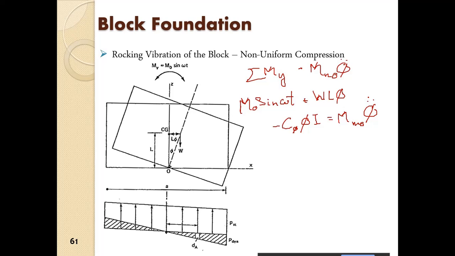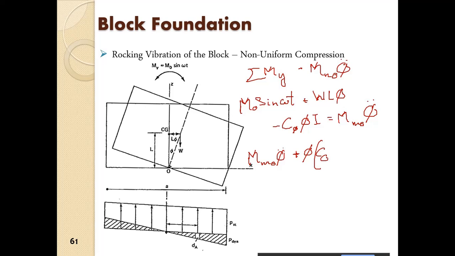Okay, so we can now again rearrange that. So we have the mass moment of inertia into angular acceleration plus, now if I take out phi from this one, phi into, so we are now on the other side of the equation, so the signs will change.